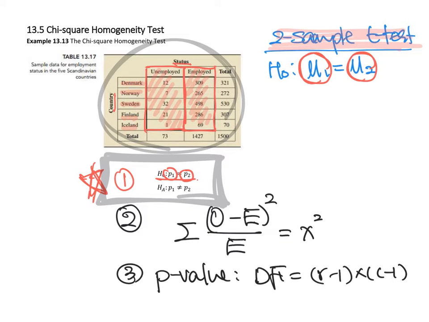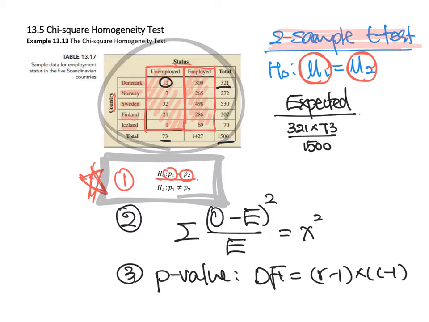Okay, so now for the first one, we need the expected count. How can we get the expected count? It is the same thing. We can take the subtotal: 321 times 73 over the sample size to get the expected count for that cell.